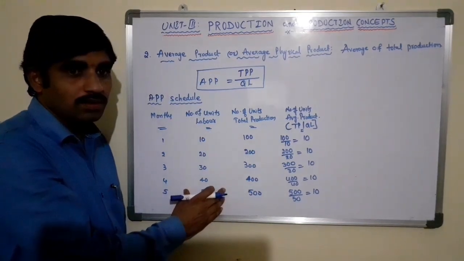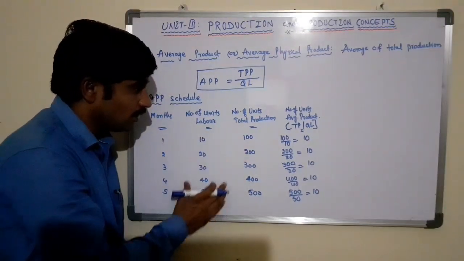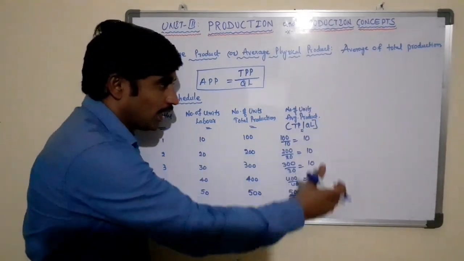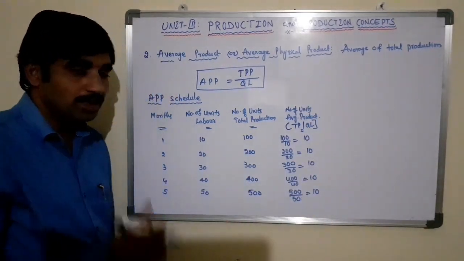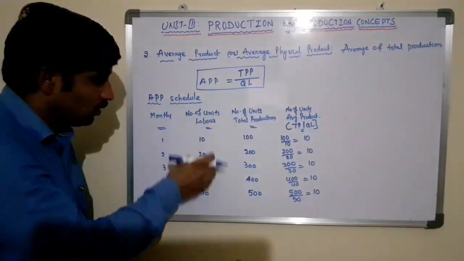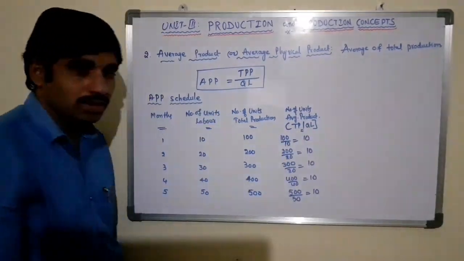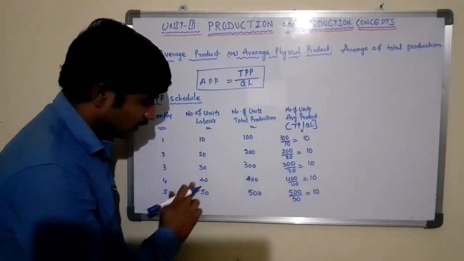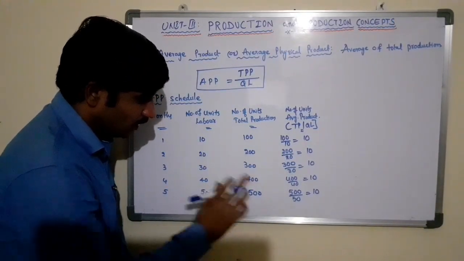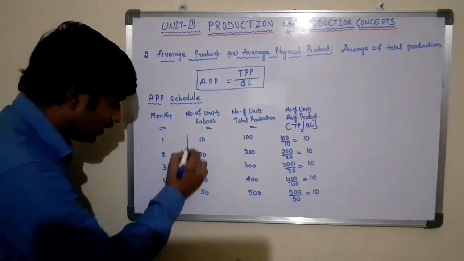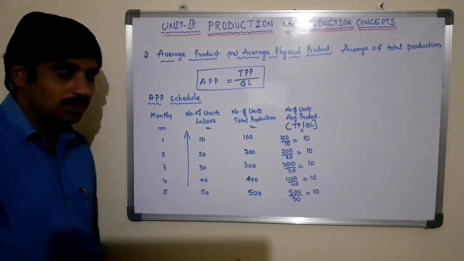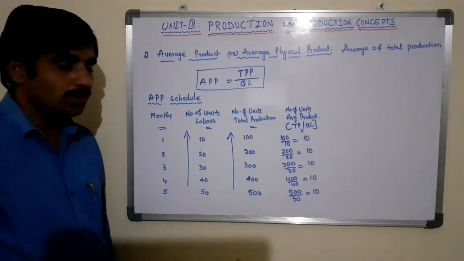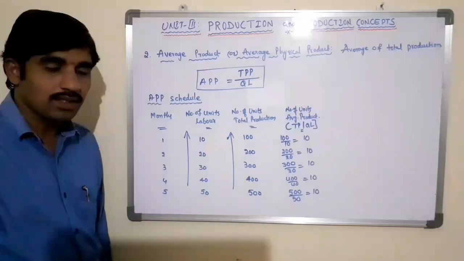So average production is always constant if the total production increases proportionately for every increase in the labor. As the labor increases, the total production increases proportionately, so the average production per unit of labor is always constant: 10 and 100, 20 and 200, 30 and 300, 40 and 400, 50 and 500.